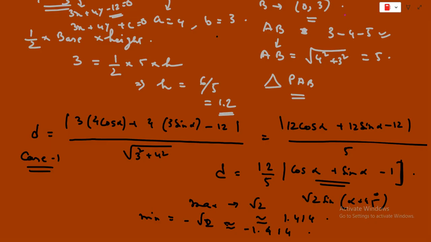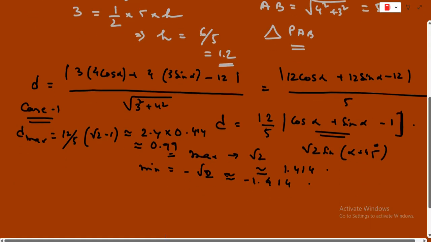If P is on the other side of the line from the origin, the max distance is 12 by 5 into root 2 minus 1. So this will be near about 2.4 into 0.414, which is near about 0.99. Okay, but wait, 0.99 is less than our required 1.2. So this means on the far side the ellipse does not even reach the ghost line. It's like trying to touch the ceiling when you are 3 inches too short. Okay, so no points here.